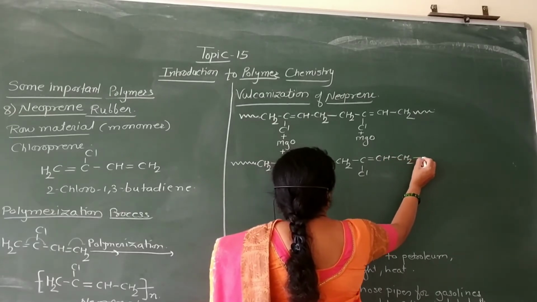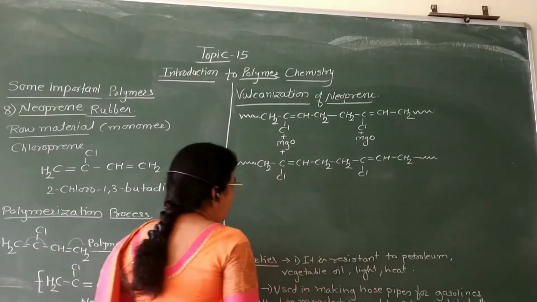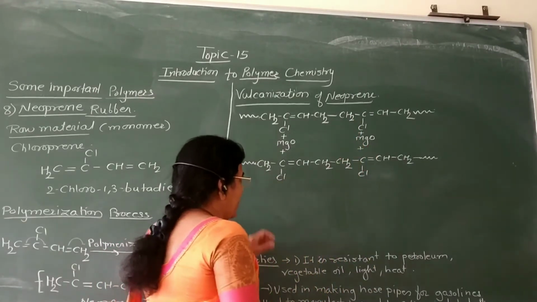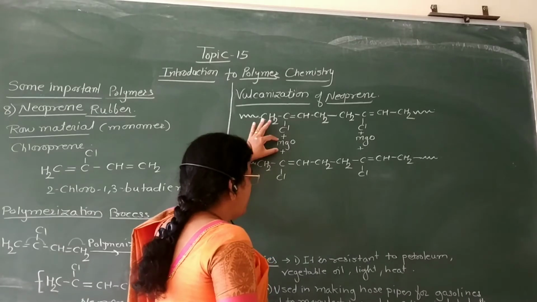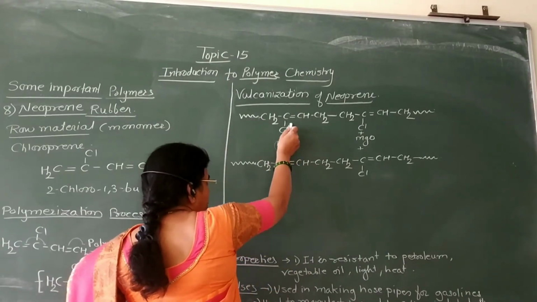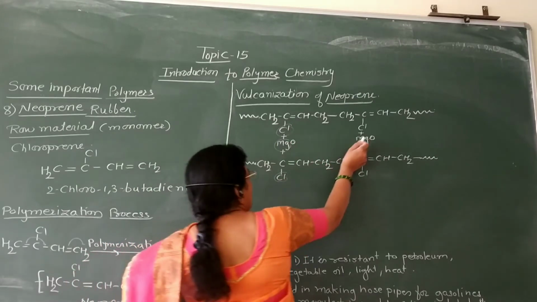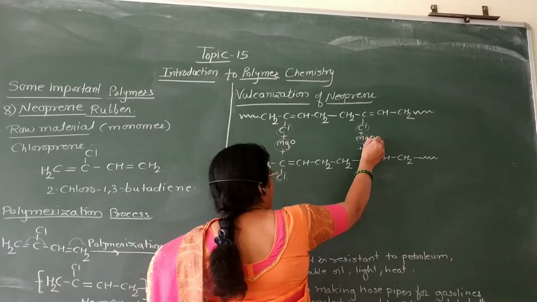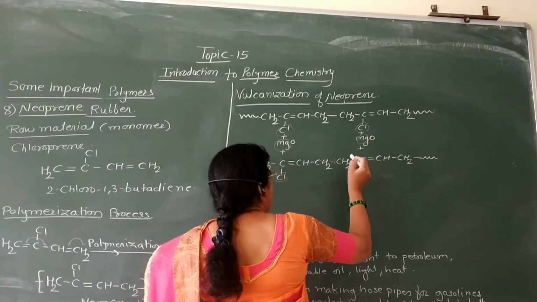This is the second neoprene unit. Now when these two neoprene units undergo vulcanization in presence of magnesium oxide, removal of MgCl2 takes place. And this carbon gets attached to this oxygen atom and then this carbon atom.